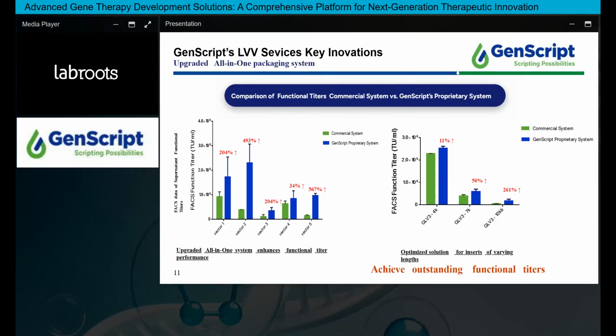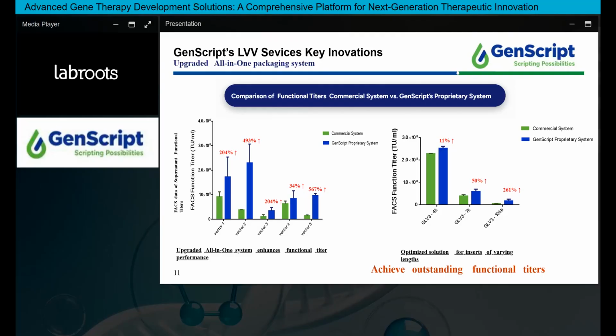As we have learned, GenScript's entire pipeline and its refined quality and speed come through an upgraded all-in-one packaging system for superior efficiency. Now let us share with you a comparison of functional titer of some commercial systems versus the GenScript proprietary system.